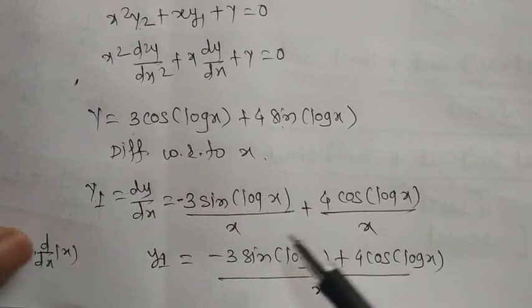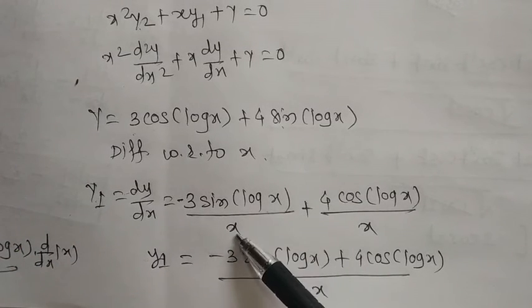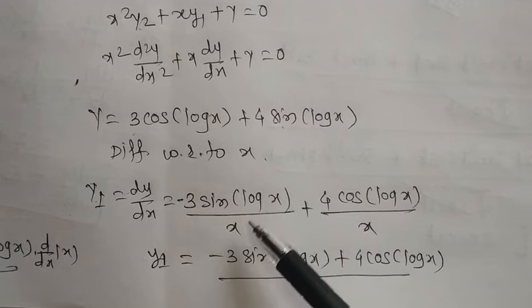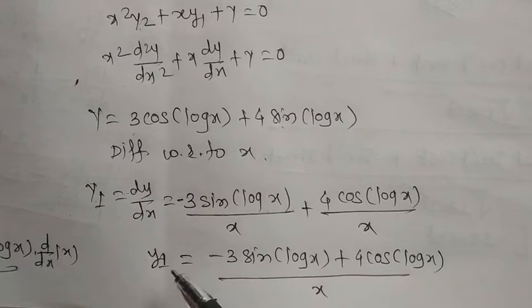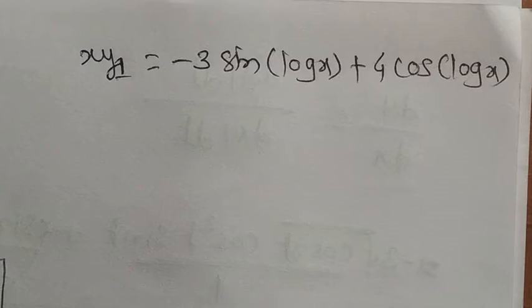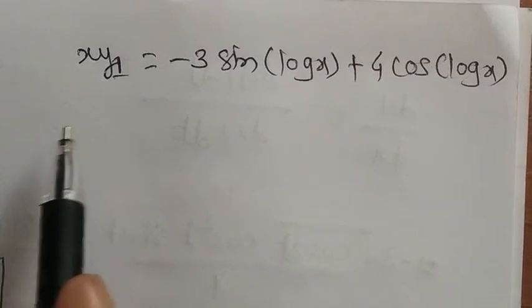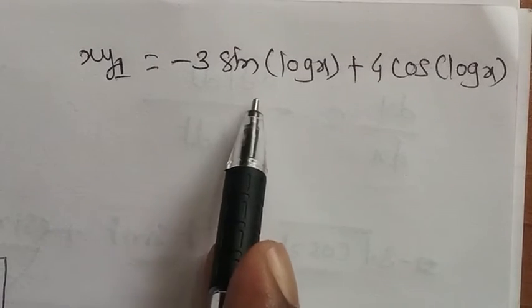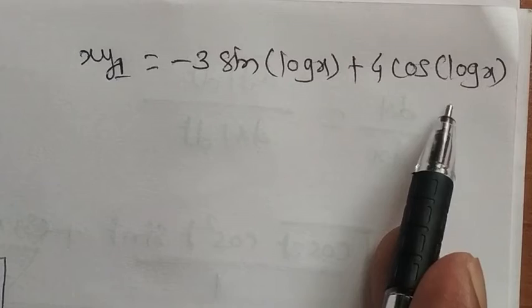Now when we take the double derivative, this x makes a form of u by v rule, and it is again complicated. So we just multiply by this x here. Then in the next step, x y1 equals minus 3 sin of log of x plus 4 cos of log of x.